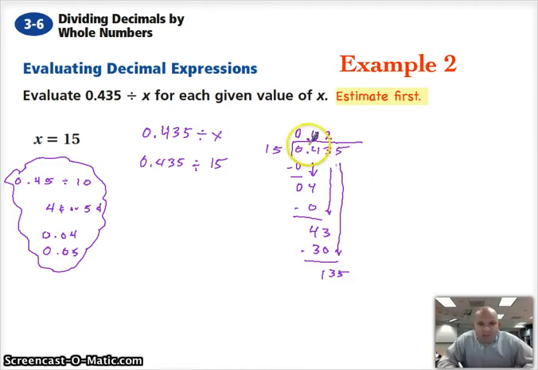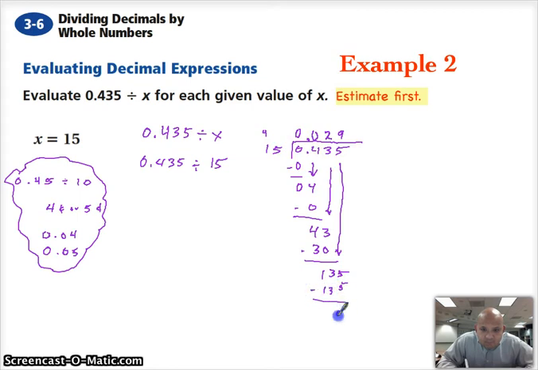When I bring down that 5, I have to figure out how many 15s go into 135. I can guess. I know that 10 times 15 is 150, so I'm going to try 9. 9 times 15, 9 times 5 is 45. 9 times 1 is 9, plus 4 is 13.